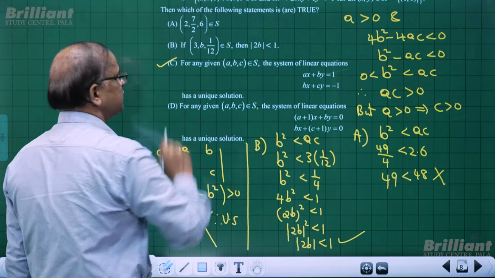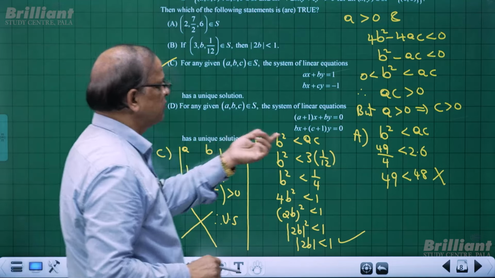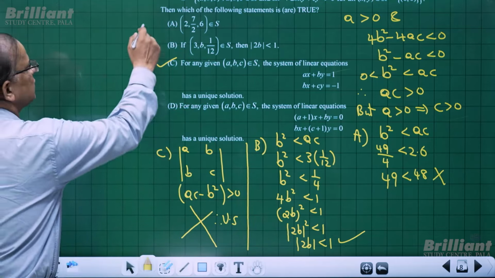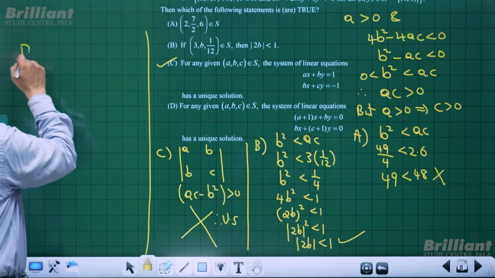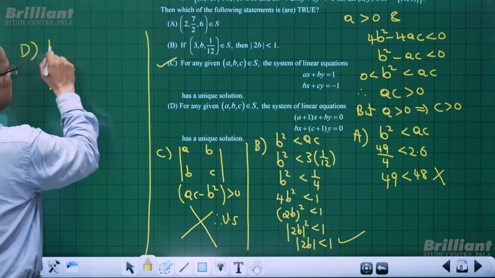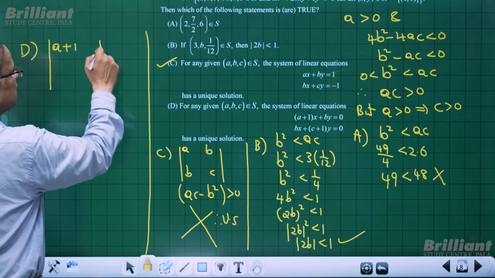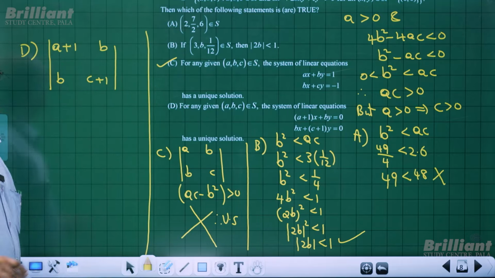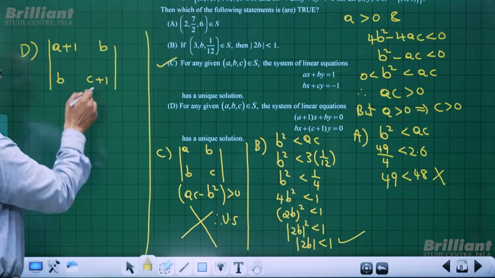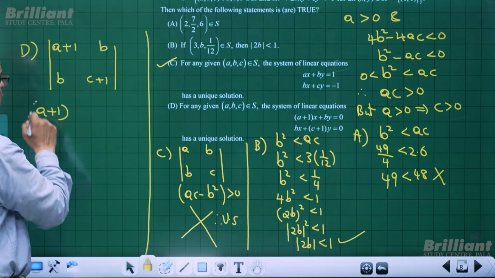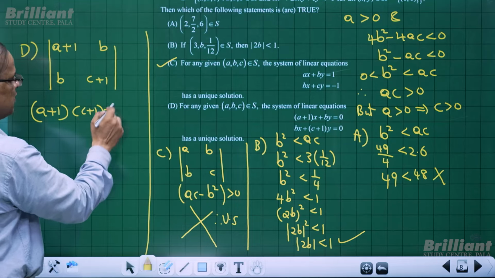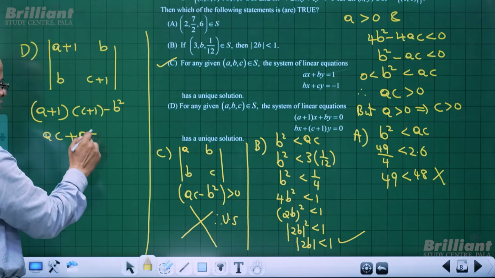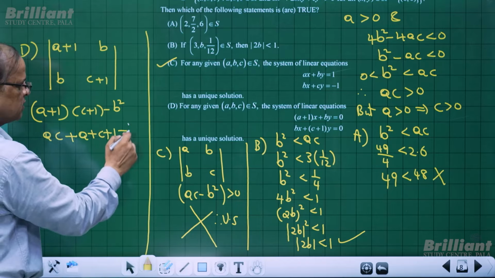So, therefore, unique solution, so C is correct. Now in D, the system of linear equations has a unique solution; similarly we find the determinant of a plus 1, b, b, c plus 1. That is (a plus 1) into (c plus 1) minus b square, which is ac plus a plus c plus 1 minus b square.